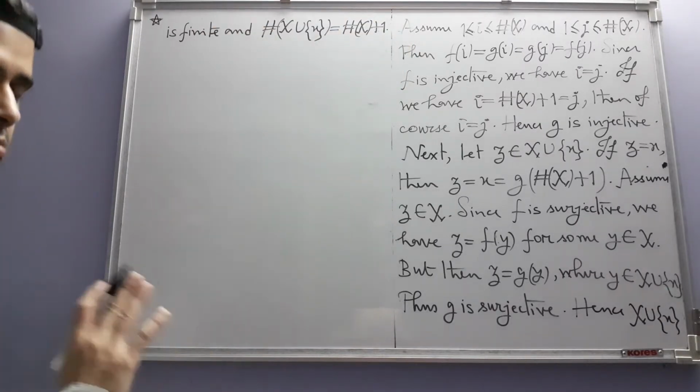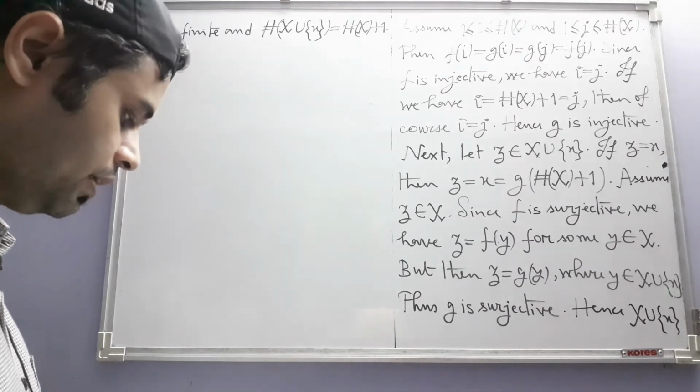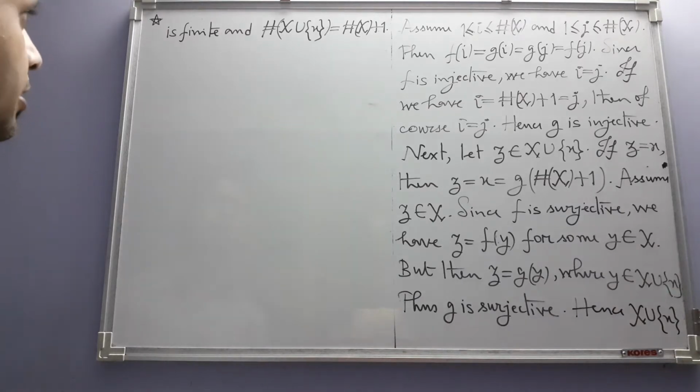So this completes part A. Then in part B we are given two finite sets and we have to prove that their union is finite.